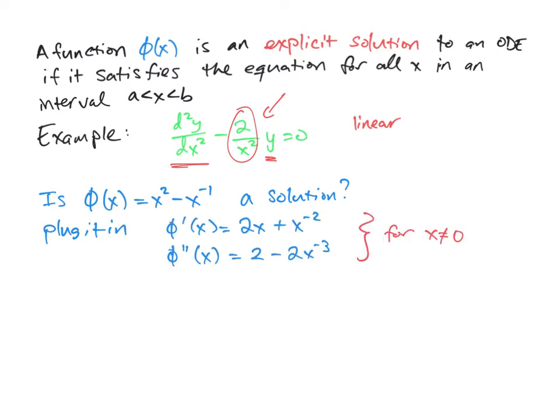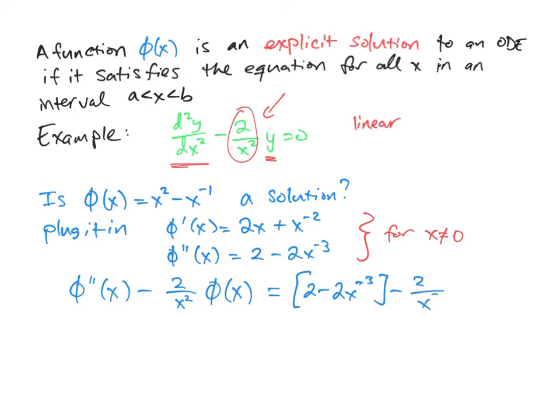So now we have our phis and our derivatives, and so we can plug it in, and that'll look something like, at least on our left-hand side, phi double prime of x minus 2 over x squared times phi of x. Anywhere we had a y in the green equation, we're going to put a phi instead. Well, what does that equal? Our phi double prime we already calculated: 2 minus 2x to the negative 3, minus 2 over x squared times phi of x, which is this guy, minus x to the negative 1.